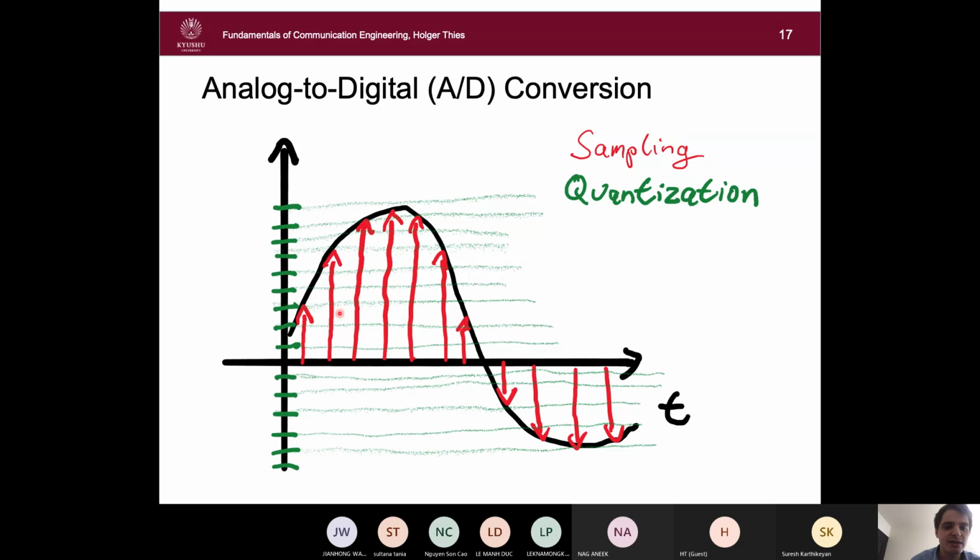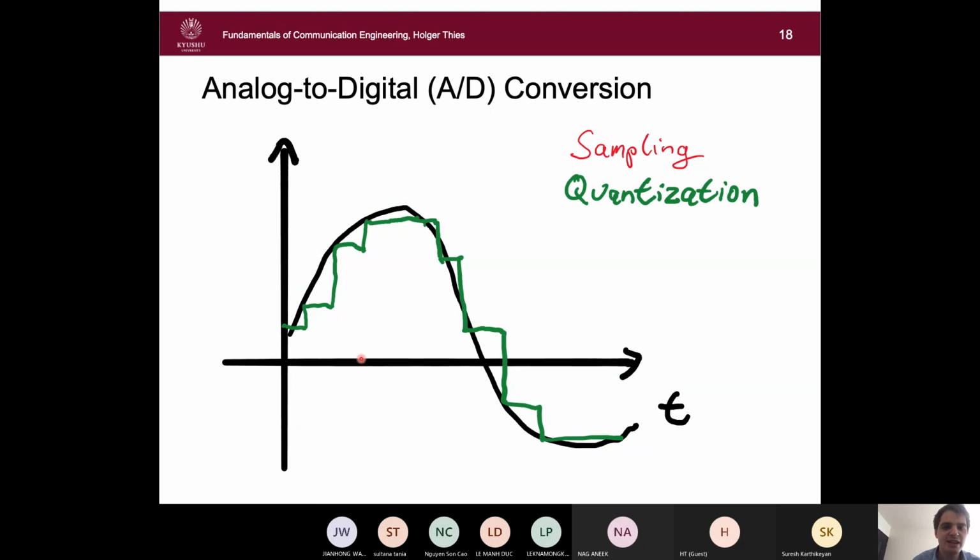So we round the values to lie inside of one of those slices. In this case, we would round those values and then get a digital signal, which looks like this. So this would be a digital approximation of this function.